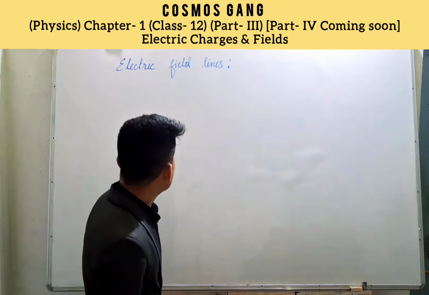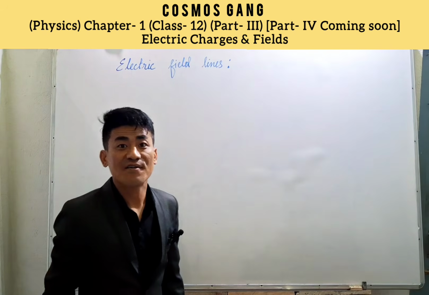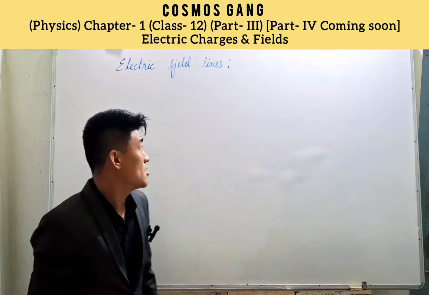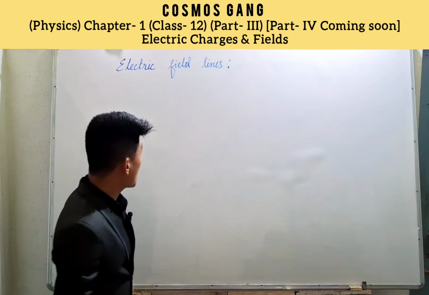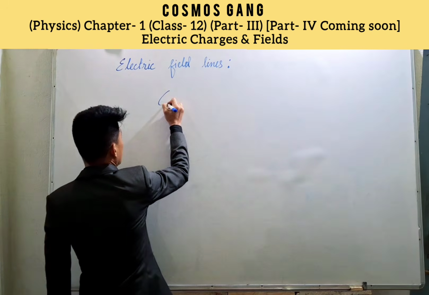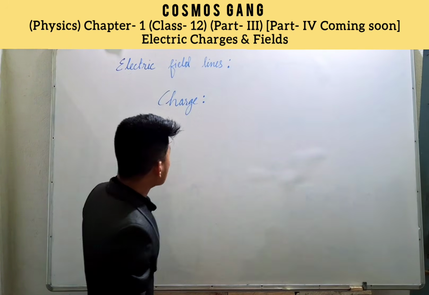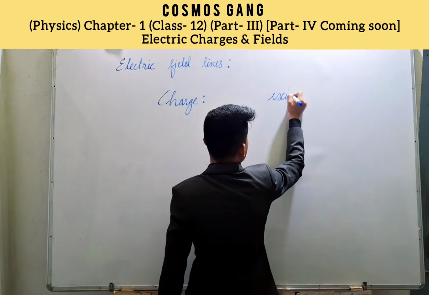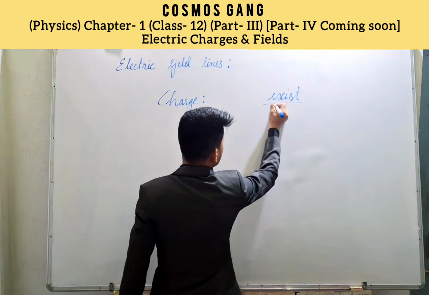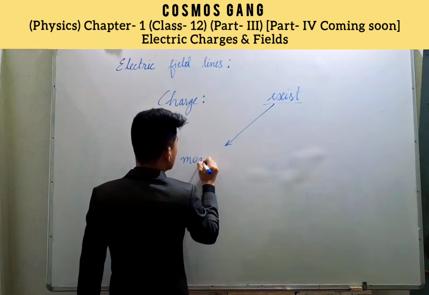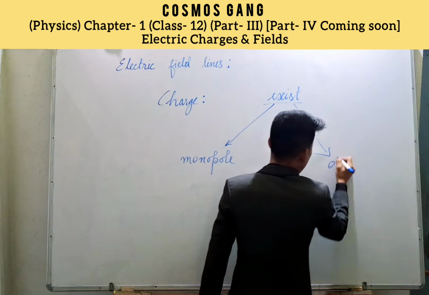Now, let's try to learn electric field lines. Before we learn our field lines, let's try to know something about charge again. Charge can exist as monopole as well as dipole.